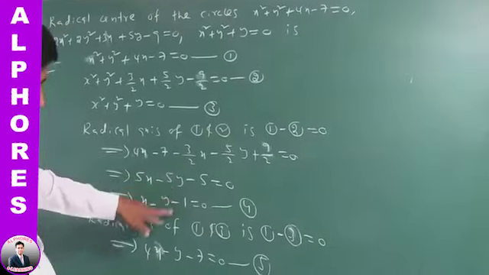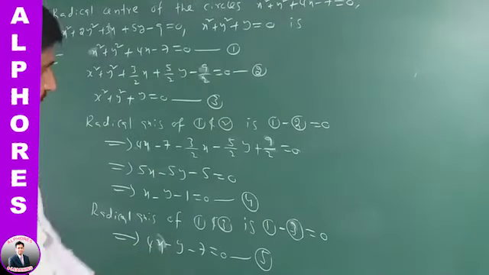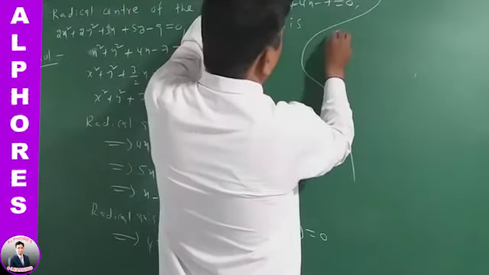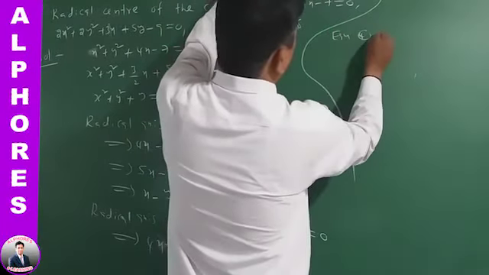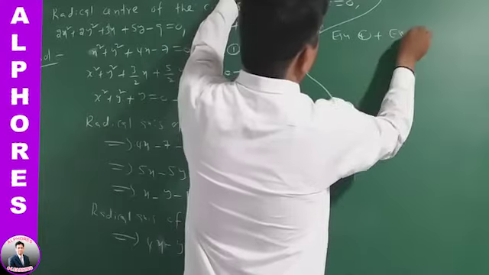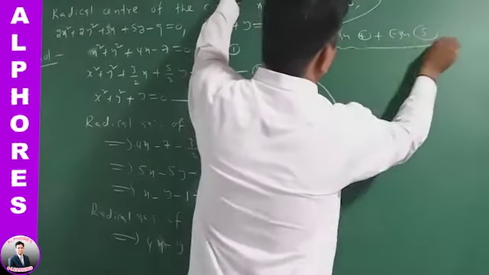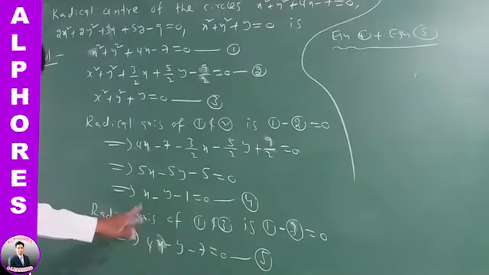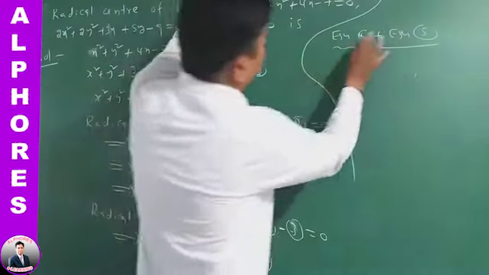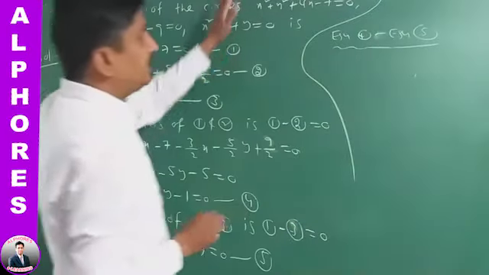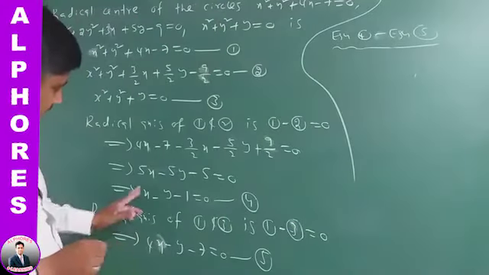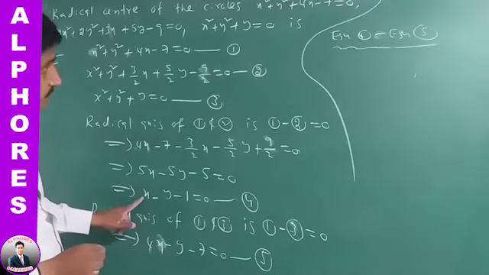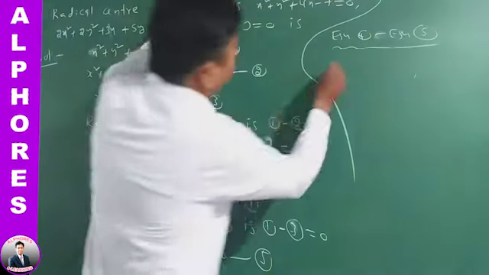The radical center is the point of intersection of the radical axes. Now, solving equations 4 and 5 gives the radical center. Equation 4 minus equation 5 is better, as we directly get the x value. Equation 4 minus equation 5: x minus 4x is minus 3x.